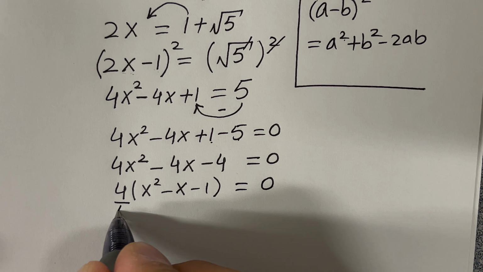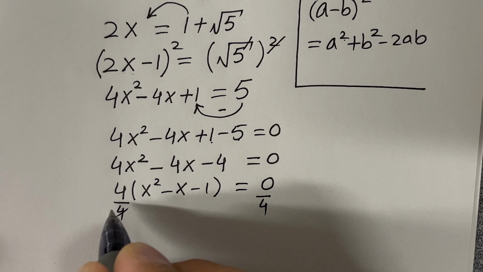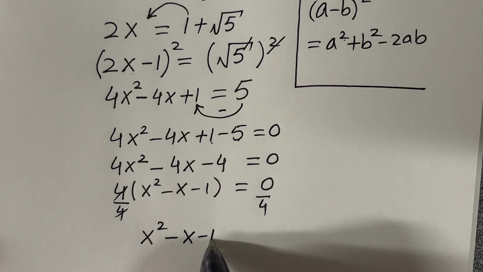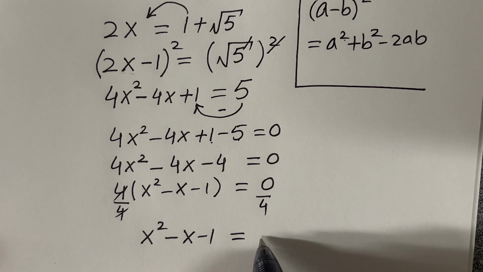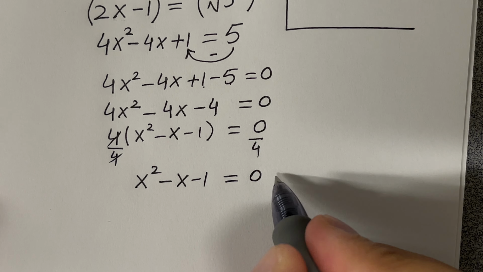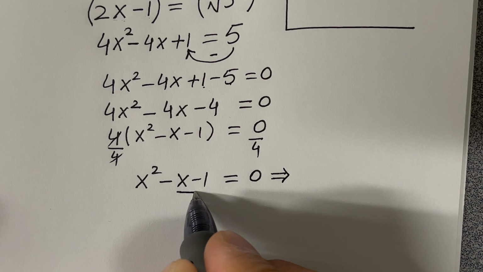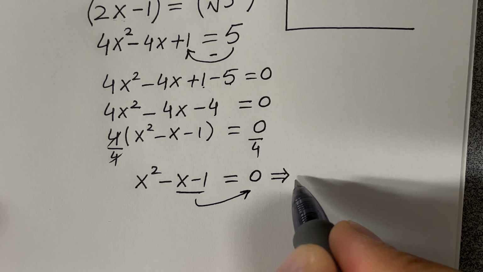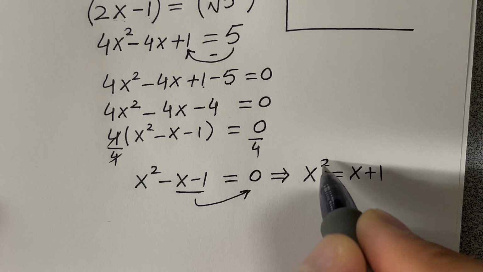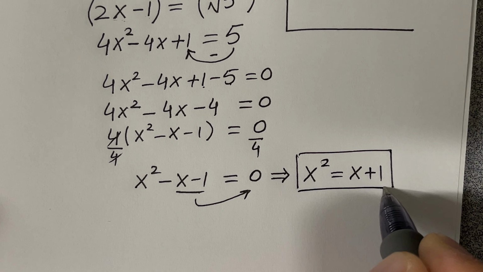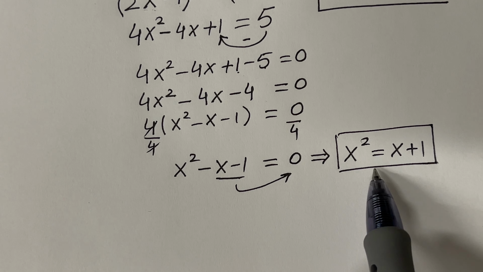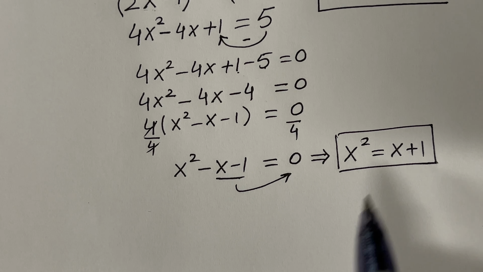We can divide both sides by 4, and then you will have x square minus x minus 1 equal to 0, since 0 divided by anything is just 0. And if you move this to the other side, then x square will be equal to x plus 1. We will use this in a moment. In fact, we will use this equation a lot. This is very helpful for us.